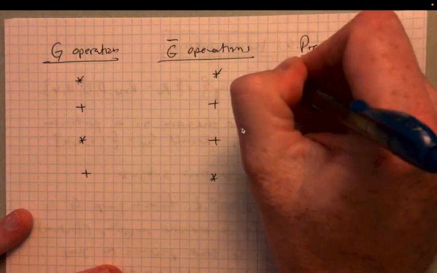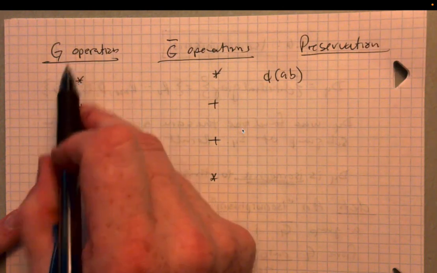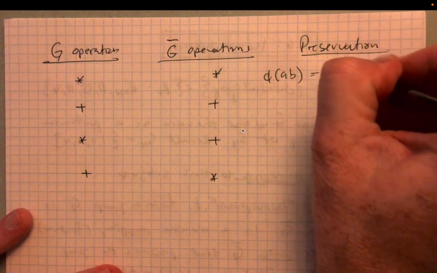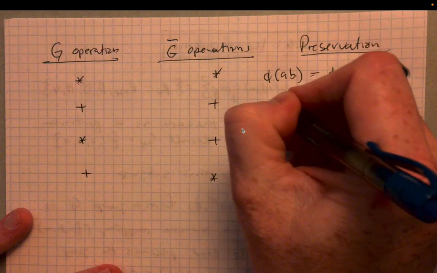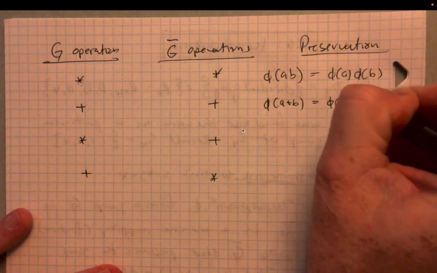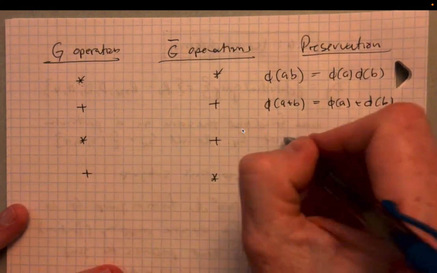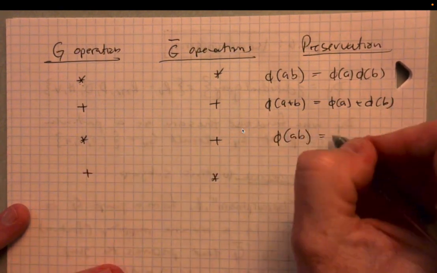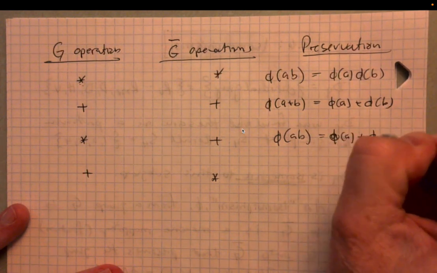So if I have phi of AB, i.e. A and B are multiplied in G, then the preservation needs to be phi of A times phi of B. If I have addition and addition, then it needs to look like this: phi of A plus B equals phi of A plus phi of B. Now when they're mixed, you just have to take note of that. Phi of AB in this case would equal phi of A plus phi of B, right?